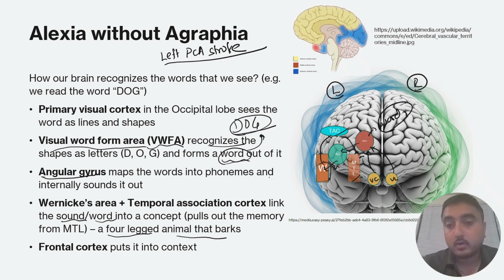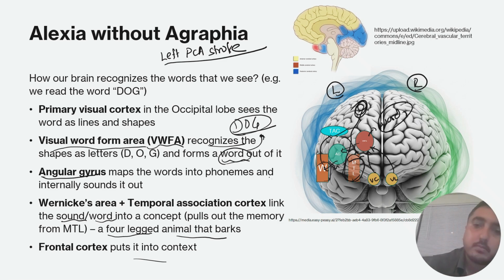It is pulling this out of the memory that is stored in the medial temporal lobe, specifically the hippocampus, and after that it would communicate to the frontal cortex over here and put a context to it, like, yeah, what we are reading means a dog. Dog is an animal that has four legs.